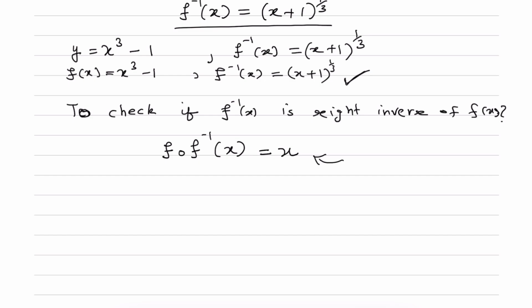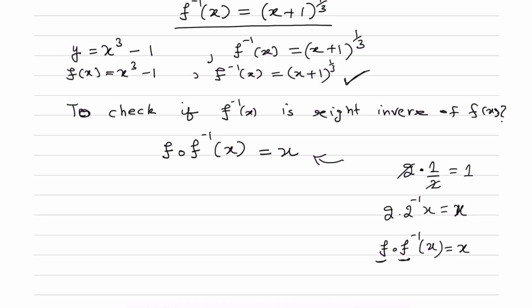Let's try to understand this through numbers. If we have 2 and I multiply 2 by its multiplicative inverse, 2 cancels out with this 2 and I get back only 1. Right? The same way, if I multiply f with its inverse, then f inverse and f will cancel each other out and I would only have x.